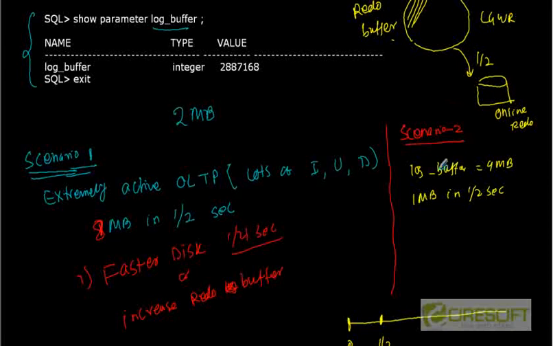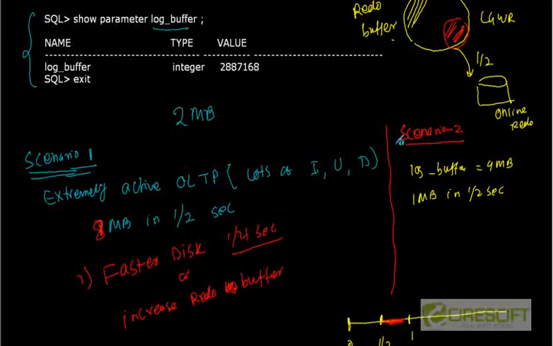And within that time I'm going to generate another half megabyte of redo information, and after LGWR finishes, it's going to write that back too.